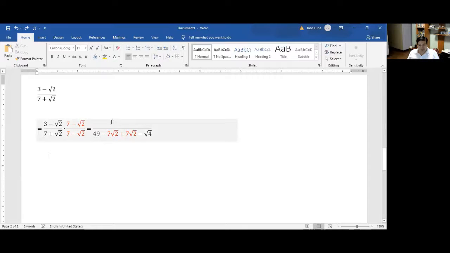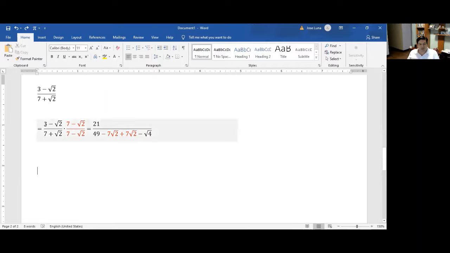Now in the numerator, oh, I have marked these in red. Maybe you can notice something, but it'll make it easier to simplify afterwards. Now we go to the numerator. And we do the same method, the 3 times these two, and this negative square root of 2 times these two. So 3 times 7 is 21.